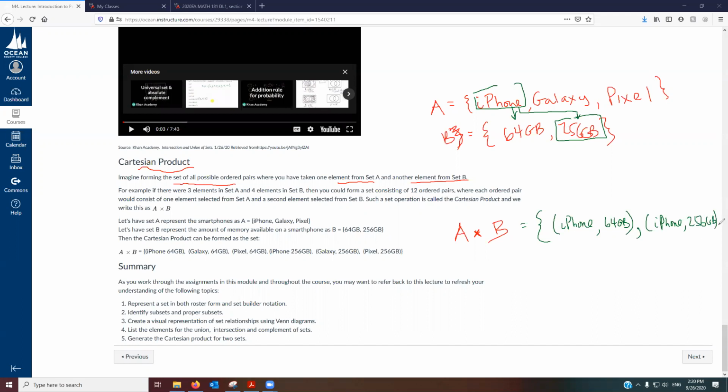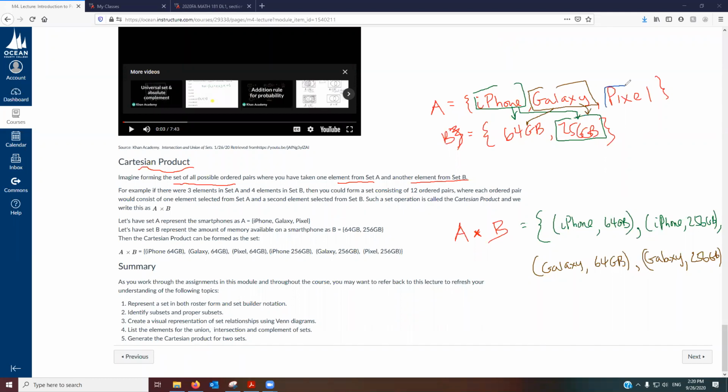All right, I'm going to keep going because now I'm going to go to the second element in set A, which is Galaxy, and I'm going to do the same thing. I'm going to match that up with 64, and I'm going to match it up with 256. So that means I'm going to have Galaxy 64 and Galaxy 256. And of course, I'm going to do the same thing with the last element in set A, which is Pixel.